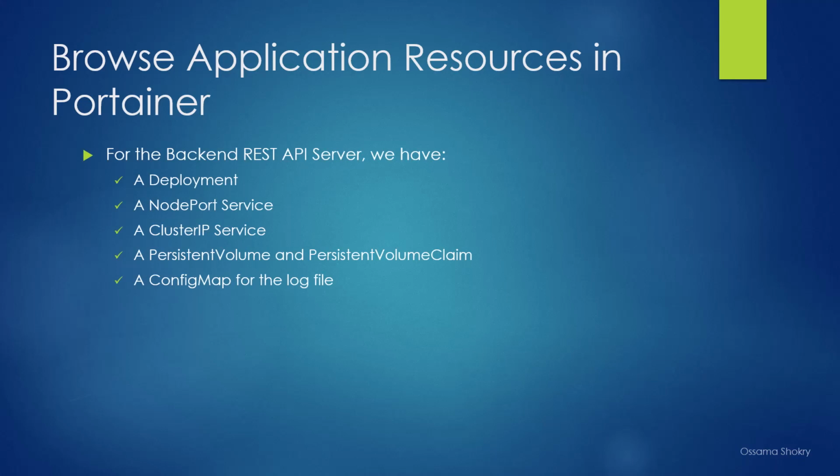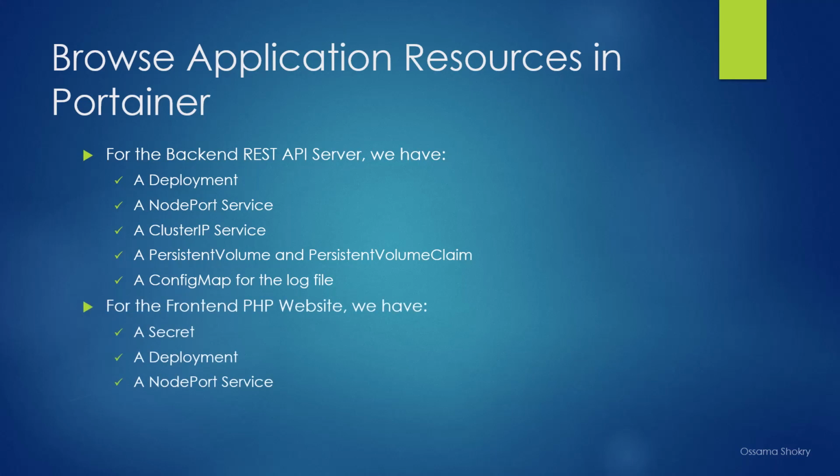For the back-end REST API server, we have a deployment, a NodePort service, a cluster IP service, a persistent volume and persistent volume claim, and a config map for the log file. For the front-end PHP website, we have a secret, a deployment, and a NodePort service. And we have Portainer to manage it all right in our web browser.